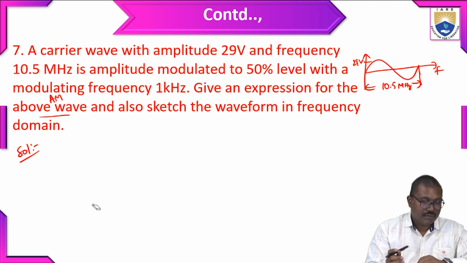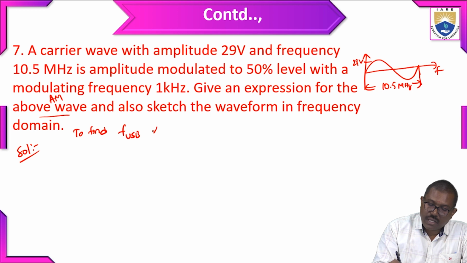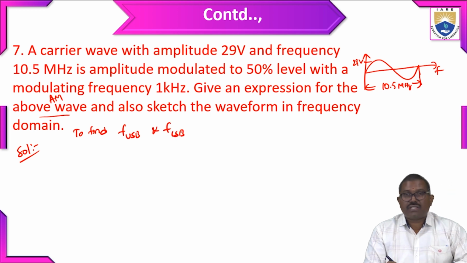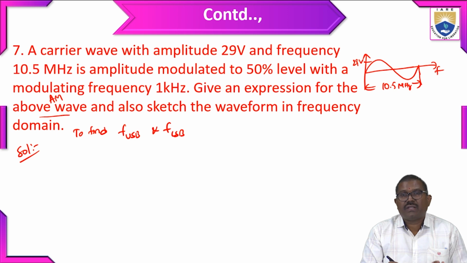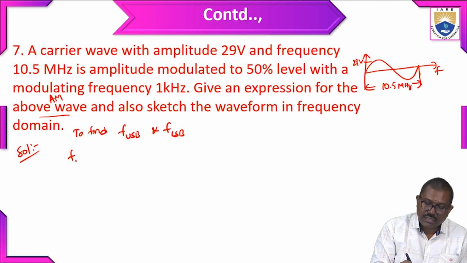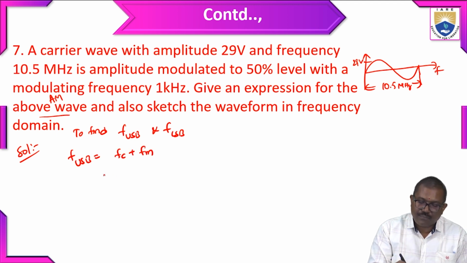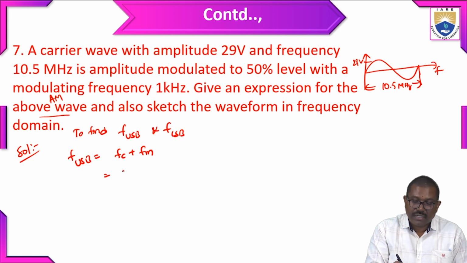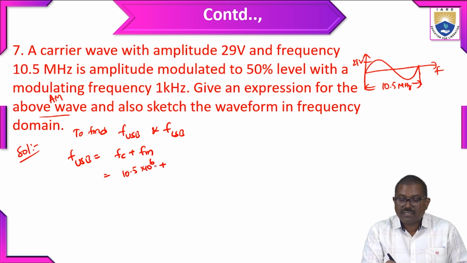Now to find F USB and F LSB, the frequency of upper sideband and frequency of lower sideband. We know that USB is nothing but FC plus FM, whereas LSB is nothing but FC minus FM. So F USB is equal to FC plus FM. What is FC? 10.5 mega, that means 10.5 into 10 power 6, plus FM.